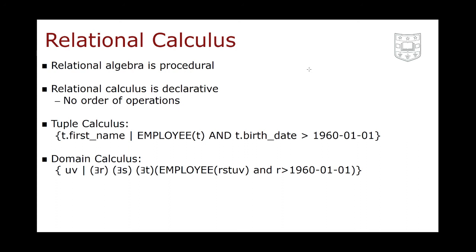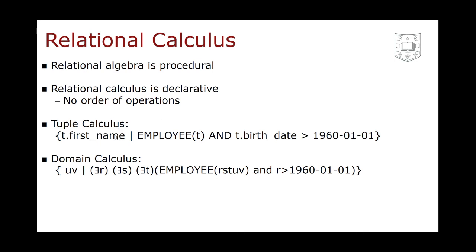calculus statement says that I'm looking for the first names from all of the tuples. That's what the first part of this says, everything before the pipe. The first name of all the tuples that are in the employee relation and have a birth date of after January 1st, 1960. Domain calculus is a little bit more involved.